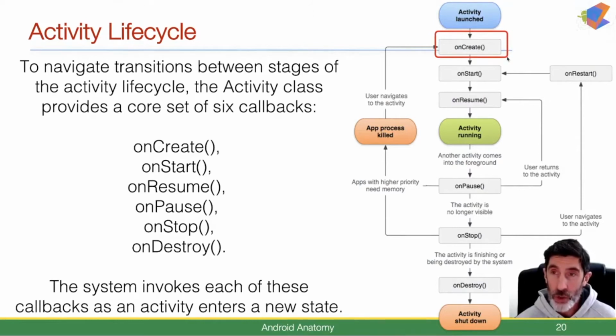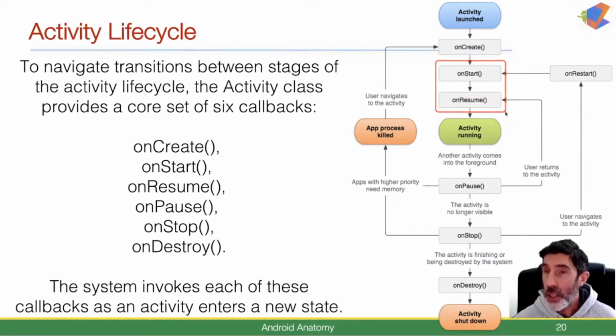When you've gone through the wizards and you add a new activity, you get that supplied by default, plus the small setup code that inflates the layout and then binds the layout to the particular activity. So at the very minimum, you are required to have this onCreate. All the rest are optional. By default, if we just had the onCreate, the default onStart and onResume in the superclass activity would be executed, and then the activity is in its running state.